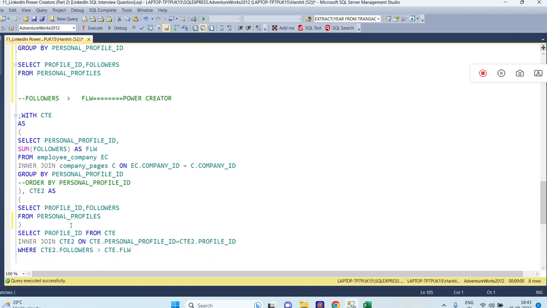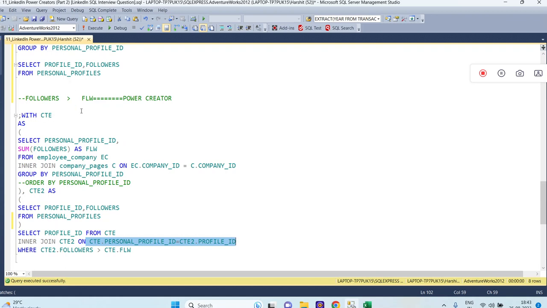And then what I have done over here, personal profile ID and profile ID will be the same, right? So we have joined the two cities, city 1 and city 2, based upon the personal profile ID and profile ID, because we can use them in the joining condition.